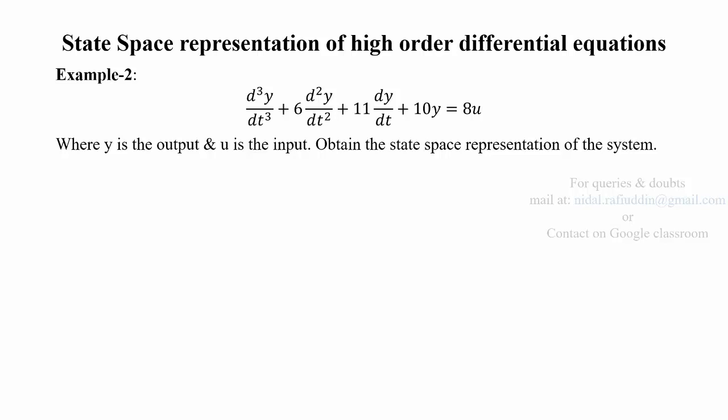For that, we first will try to understand how we represent higher order differential equations in state space format. Suppose you're given a higher order differential equation. This was discussed yesterday: the order of the differential equation decides the number of state variables that the system will possess, or the number of energy storing elements the system will have.